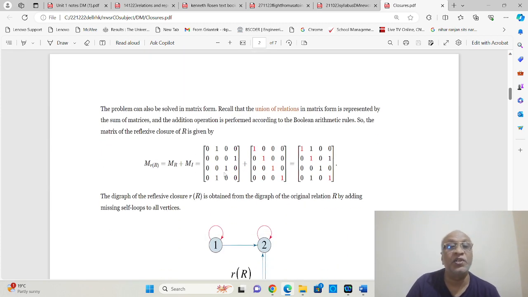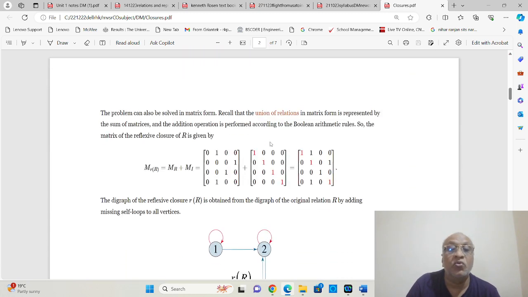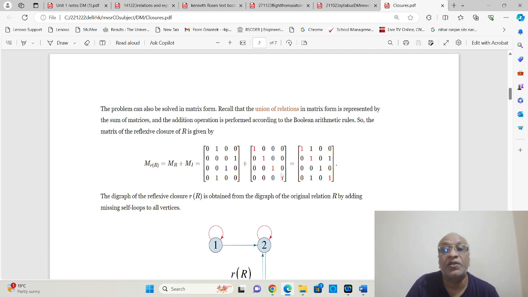So this is my original matrix, derived from this relation. To this I am adding the identity matrix, where all the diagonal elements are 1. So when I add them, I get this derived matrix.